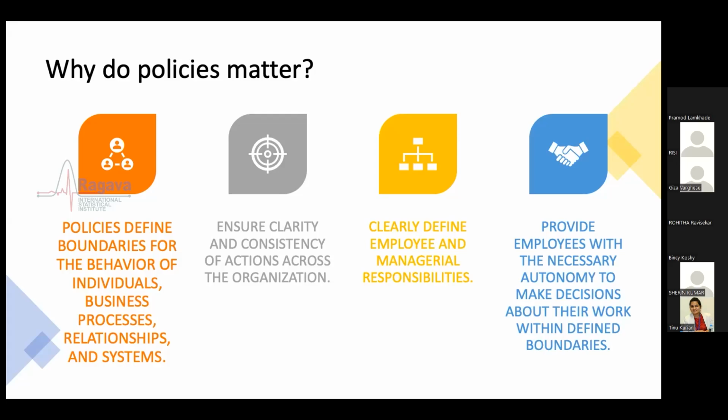If you have a policy in place, for example, how do policies provide employees with the necessary autonomy to make decisions about their work? I'll give you an example. Say I am an employee in an organization, and I want to take my annual leave, and I don't know the process.